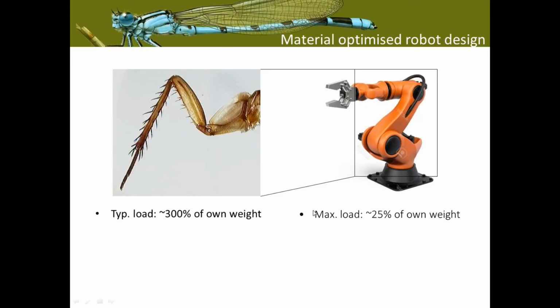For example, a typical insect leg is able to lift 300% of its own weight. This is a really good value when you compare it to robots, which are currently able to lift a maximum of one quarter of their own weight.